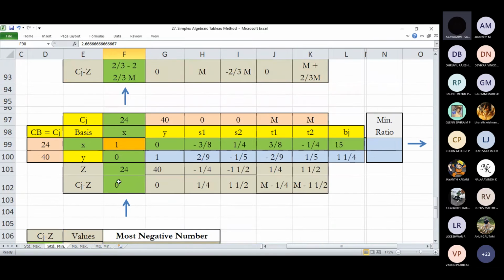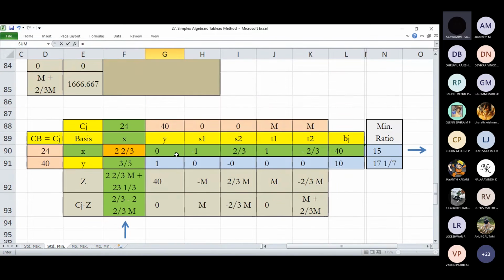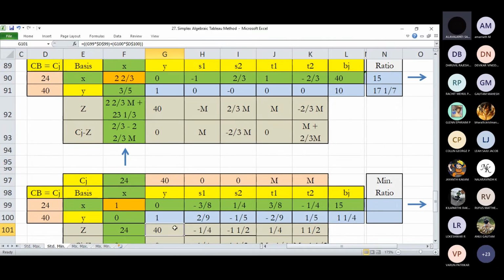Right? And you repeat the process. I'll do it for this one so you understand better. So the existing value minus the corresponding value in the key row multiplied by its corresponding value in the key column divided by the pivot element. That's why it makes this 1.